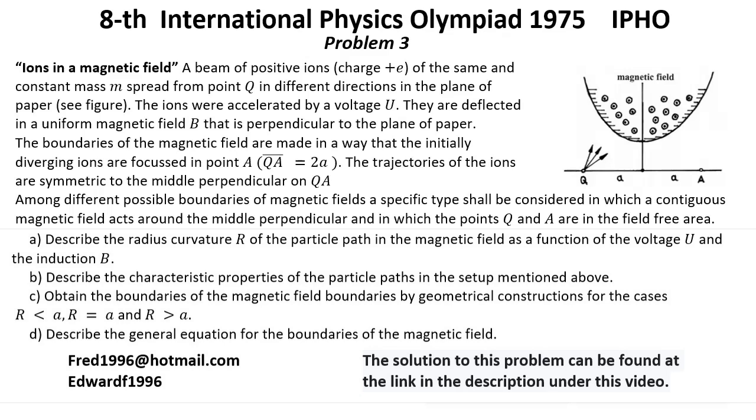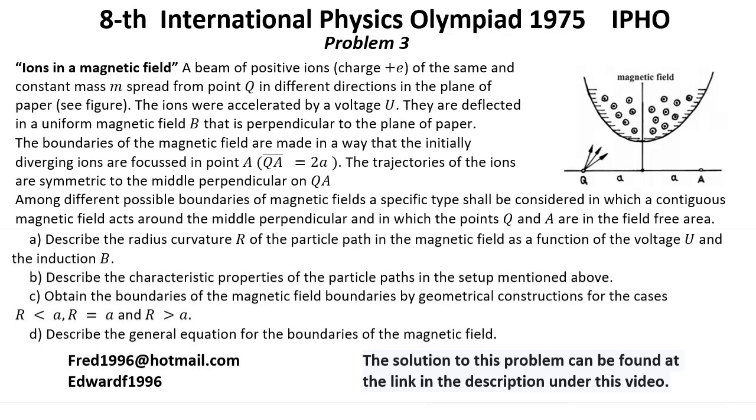The ions were accelerated by a voltage U. They are deflected in a uniform magnetic field B that is perpendicular to the plane of paper. The boundaries of the magnetic field are made in a way that the initially diverging ions are focused in point A, QA equal to a. The trajectories of the ions are symmetric to the middle perpendicular on QA.